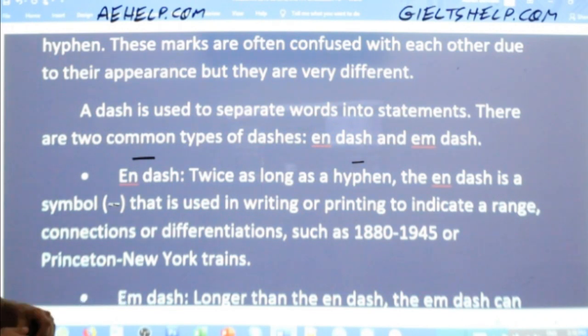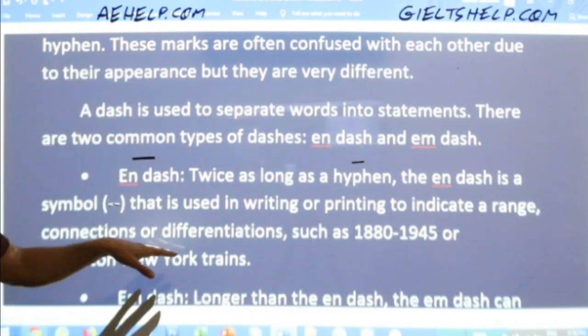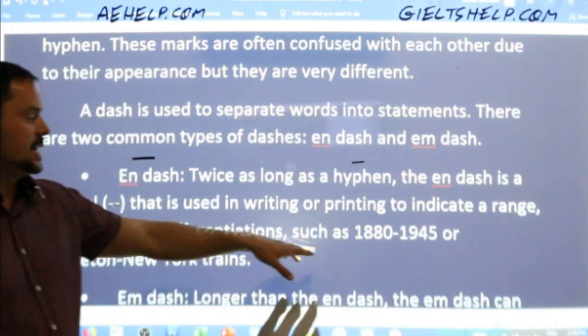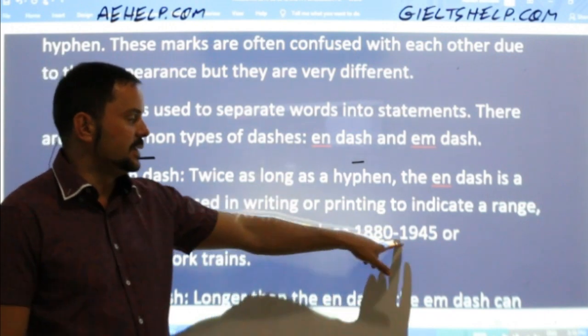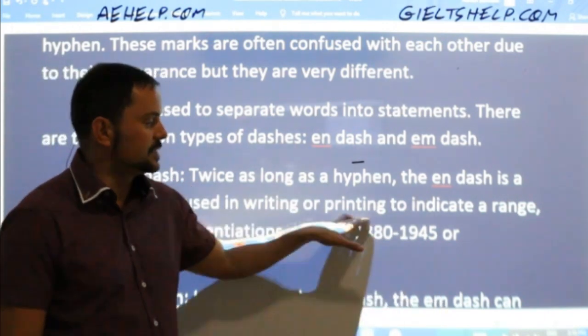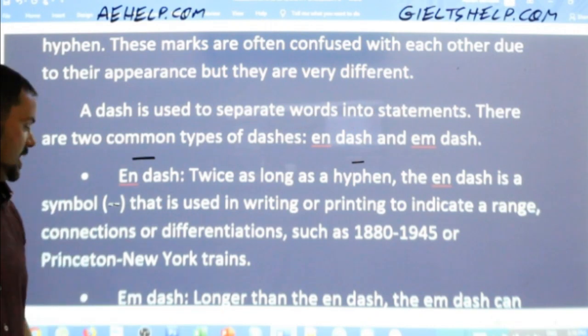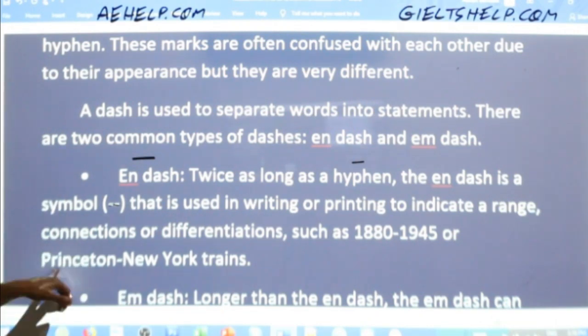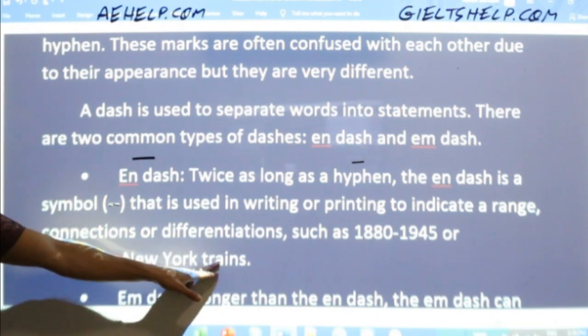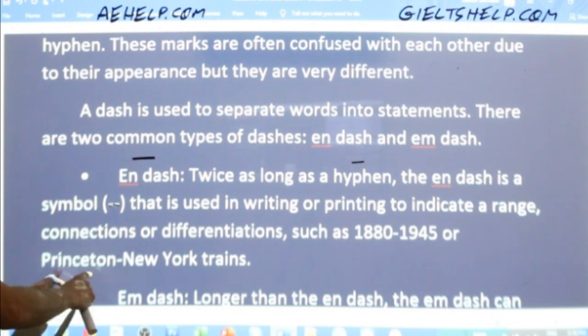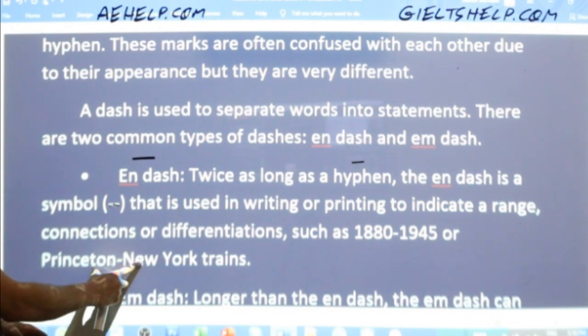It's used in printing to indicate a range or a connection of differentiations, such as 1880 to 1945. So this is where we use it in a range, okay? Or Princeton–New York trains, meaning that Princeton and New York are two in the same in this case.